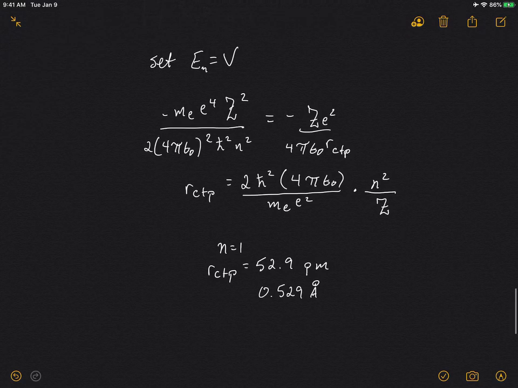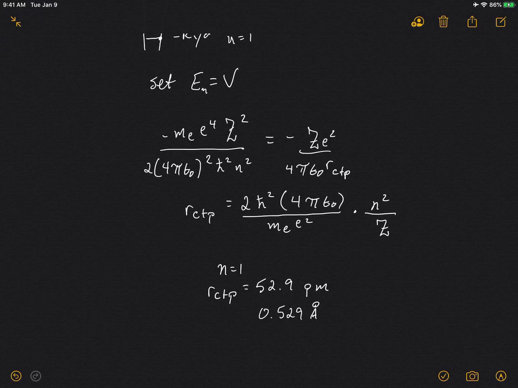And this is nice in that it turns out the n equals 1 classical turning point ends up being something called the Bohr radius.